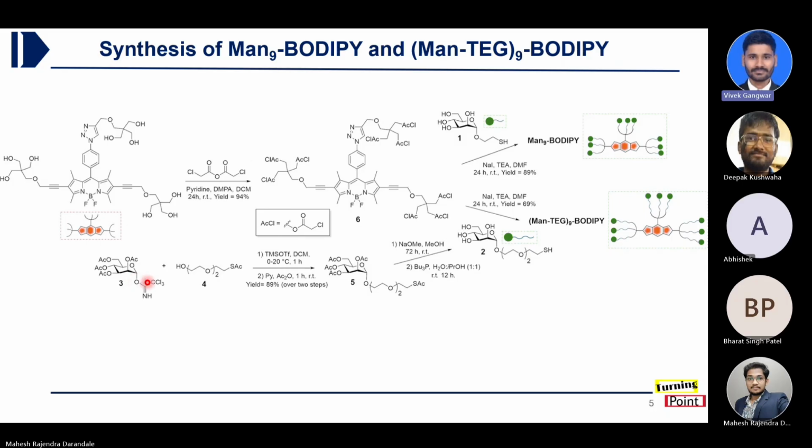On the triple bond and azide, which reaction is this? Click reaction. So they used click reaction on that and then attached it with the BODIPY, or before that, how did they do this selectively?